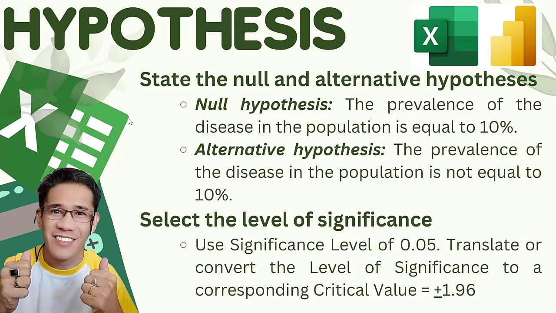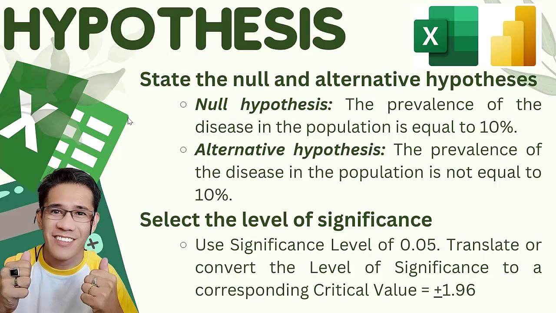I also discussed in my previous video how to convert the level of significance to a critical value or z-score. So you may go to the description of this video so that you can check how to convert the significance level into a critical value or z-score.